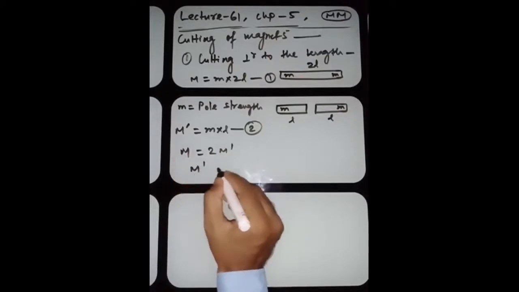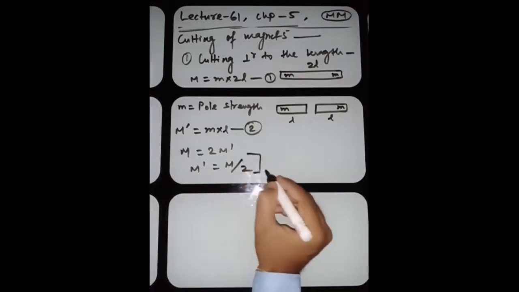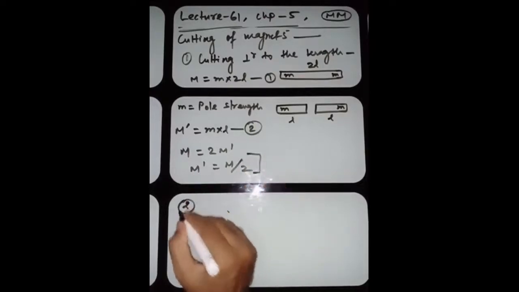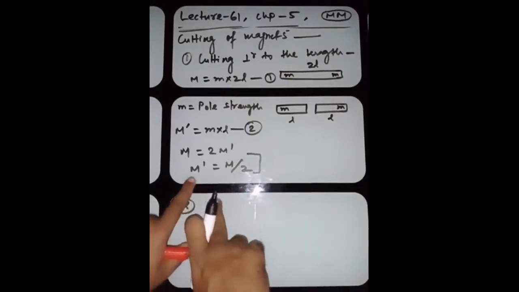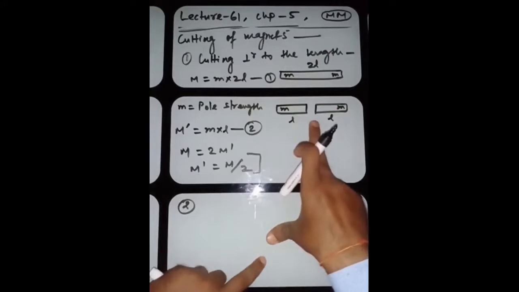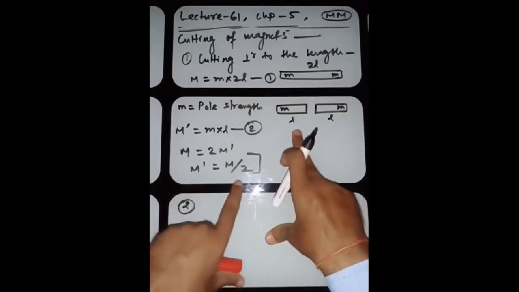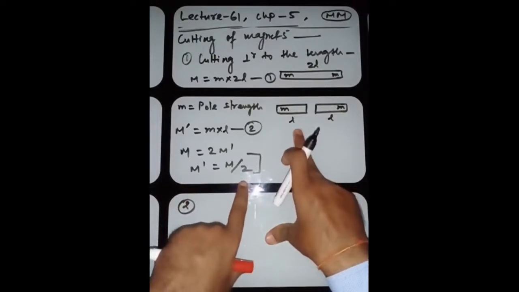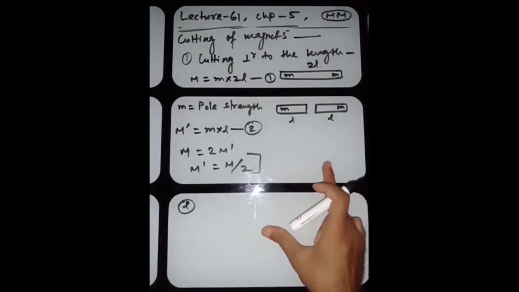It means m dash is m by 2. Alright, now the second one. Here you can see, as you cut the magnet to decrease its length, the dipole moment decreases by 2 times. Decreasing the length, the dipole moment decreases.